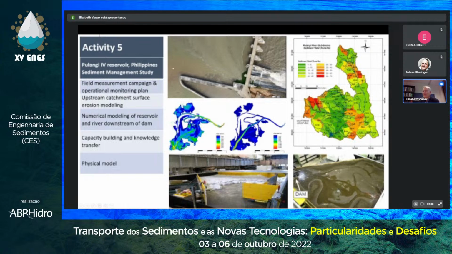We went there and did some field work, and colleagues at the University of the Philippines were involved. Unfortunately, Corona came, and there was not much time to get as far as we wanted. Then you can do a numerical study, like you see here, the water depth simulation with a 3D model in this case.